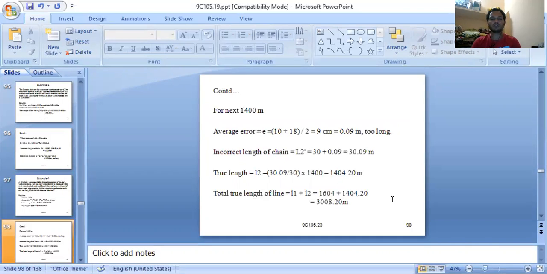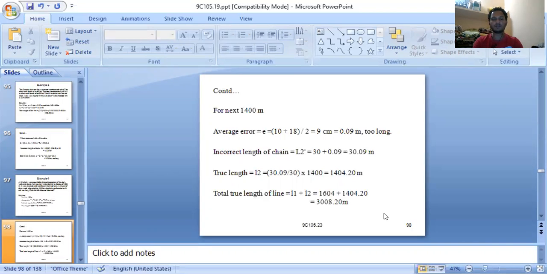True length is equal to 30.09 divided by 30 into measured length, which is 1404.2 meters. Total true length of the line is 1604 plus 1404.2, which is equal to 3008.2 meters.